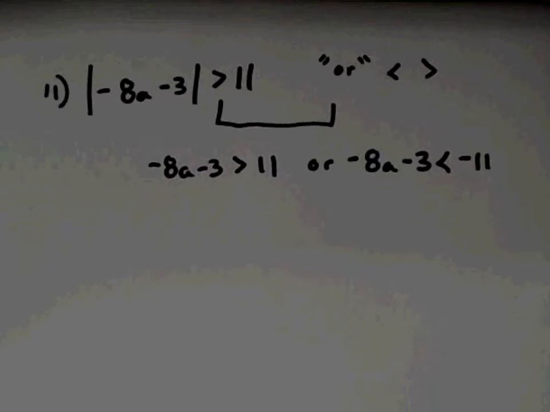All right, and so now all we got to do is solve both sides. As you can see right now, I got a negative 8 on the A, don't I? And so you know at some point I'm dividing by negative 8, because we've done a ton of these. What's that going to do to my sign? What happens if I don't bring my negatives with me whenever I'm solving these?